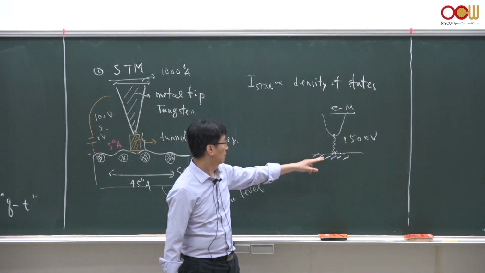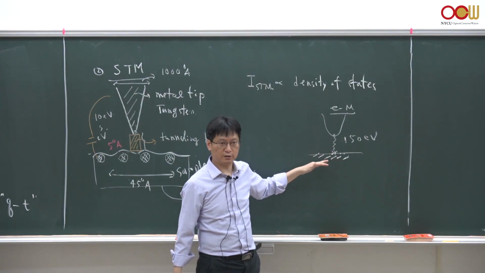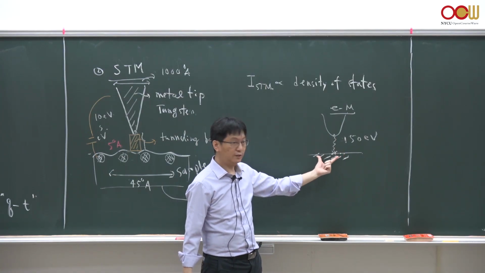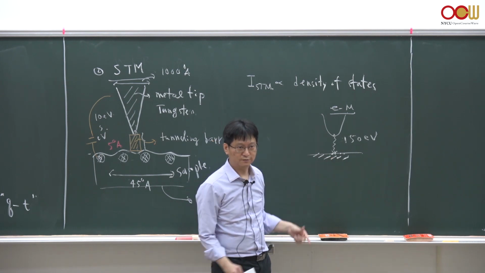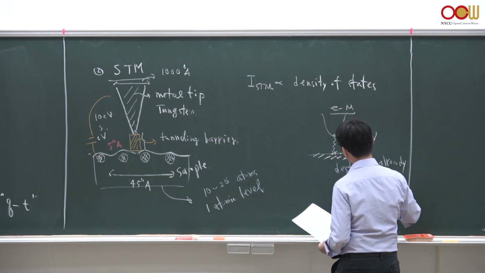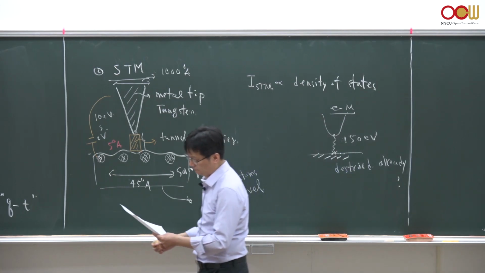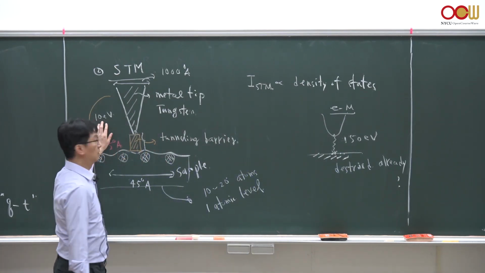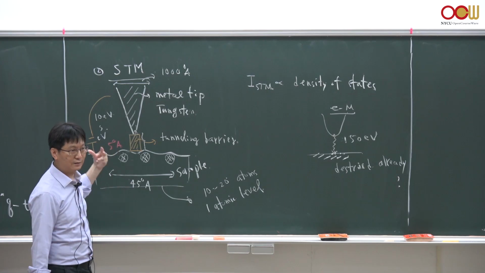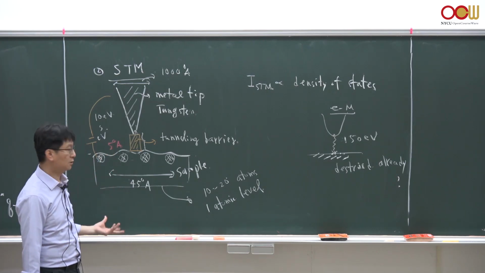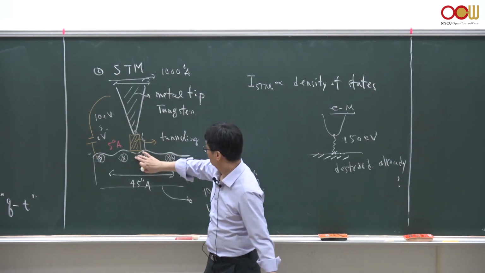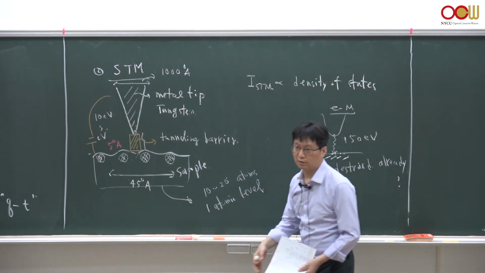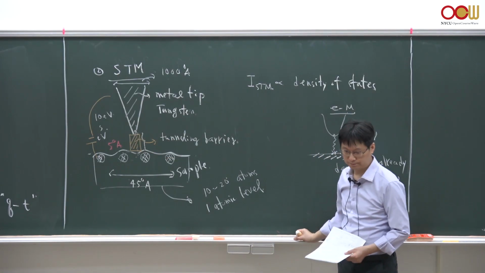With electrons of such high energy hitting your surface, the surface is already destroyed. So the STM is a very powerful way to use as little energy as possible for the electron at the tip of the STM to probe the surface without destroying it.